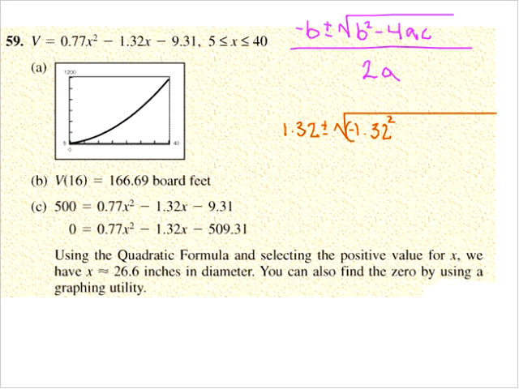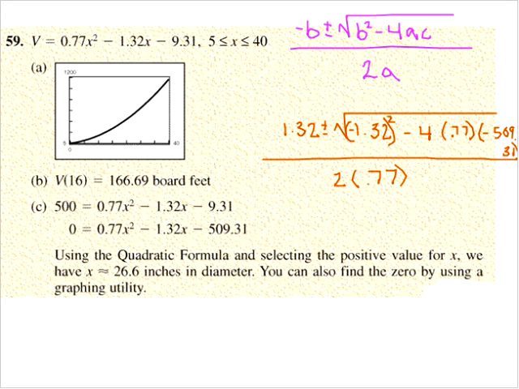And technically it should be a negative 1.32 squared, but it'll give you positive. A is 0.77, and C is negative 509.31, all over 2 times 0.77. So when you simplify, you should get the 26.6.